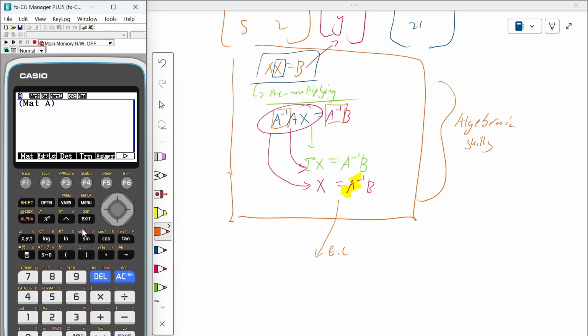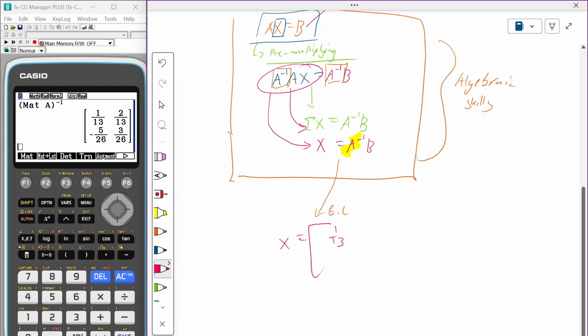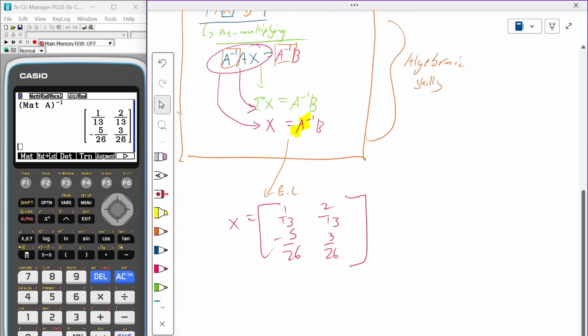Put another bracket, use this arrow here for a power, to the power of -1, which is an inverse. This is going to be the inverse of matrix A, which is 1 over 13, -5 over 26, 2 over 13, and 3 over 26. Okay, great. And then we've got to multiply by B, which is 23 and 21.